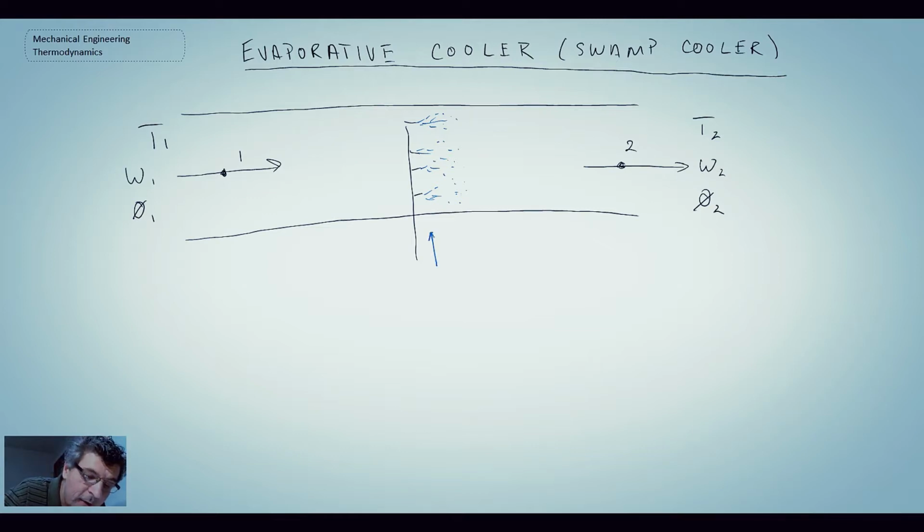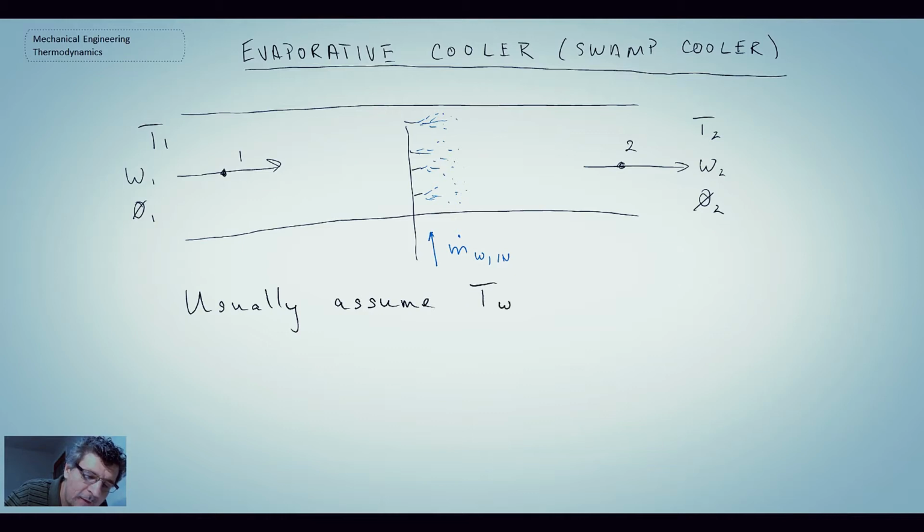Now, we also have to account for the mass flow rate of water coming in. And in order to solve this process, we have to assume something about the water coming in.